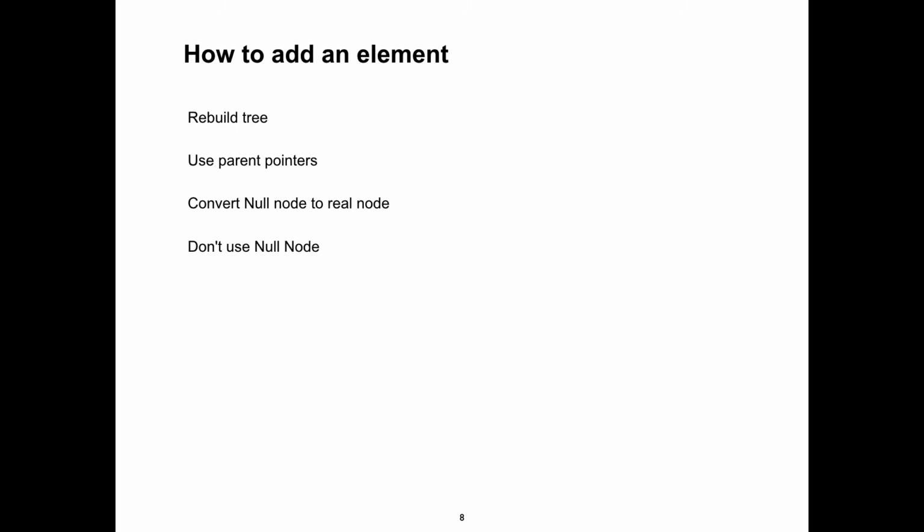We can convert the null node to a real node, which gets complicated because there's no way of doing that directly in Java. So what you have to do is use, which pattern? Yeah, the bridge pattern, right? Then that gets complicated because the bridge does all the work, and then the shell.